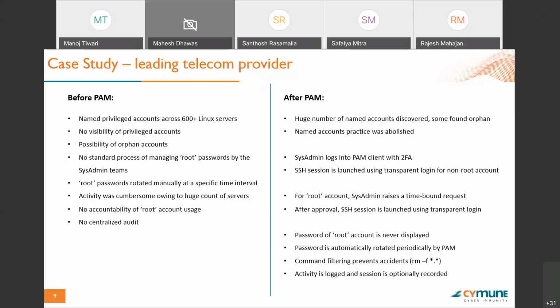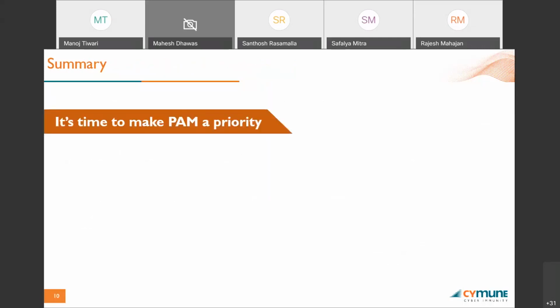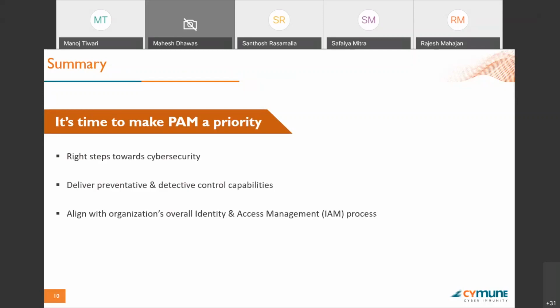So I think in today's session, I've made it clear, right, why you need PAM, how you assess whether you require PAM or not, and what you gain when you implement PAM. So in summary, I can only say that it's time to make PAM a priority, because this will really give you control, and also a detection and prevention mechanism around your user accounts.